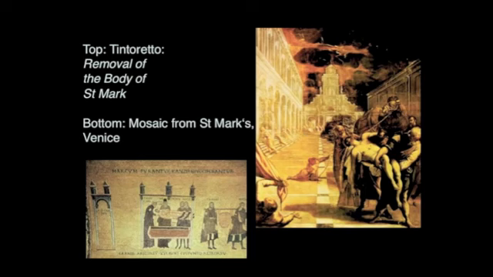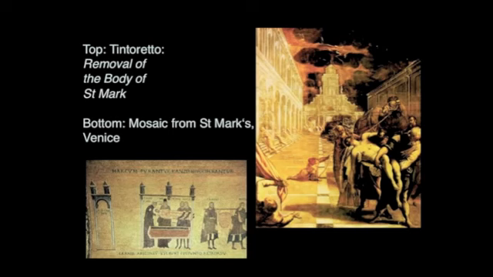This painting by the Mannerist painter Tintoretto, Venetian painter, probably from around 1560, shows you this project, this kind of crusade that the Venetians mounted to go to Alexandria in Egypt, where St. Mark, the apostle, was interred, and to go there and steal his body. Okay.